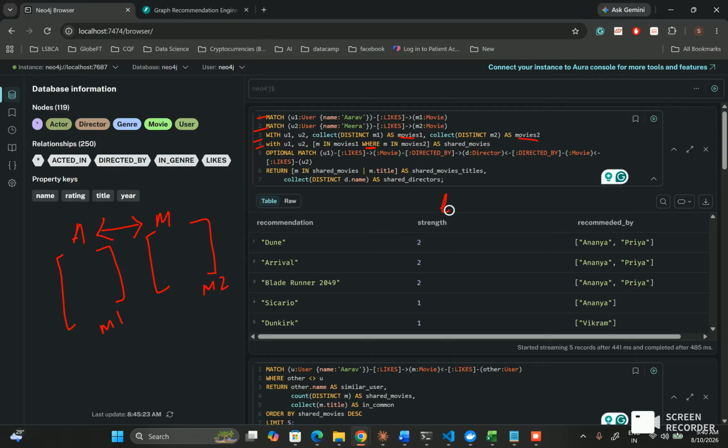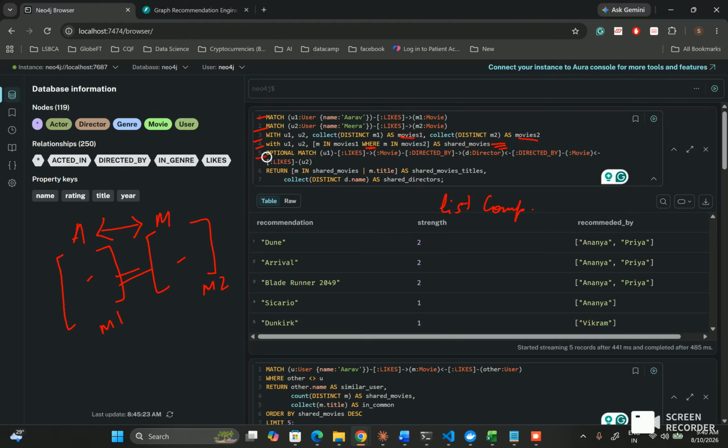This is called list comprehension, and it works exactly like a loop in Python, just written differently. In plain English, it says go through every movie in Arav's list, and keep only the ones that also show up in Mira's list. What's left is the real exact overlap.